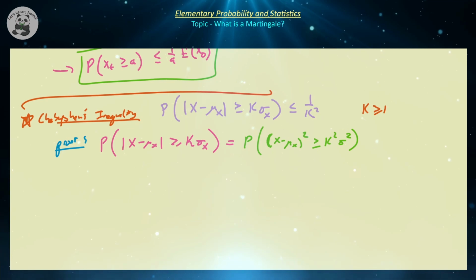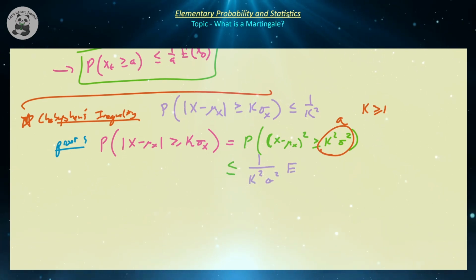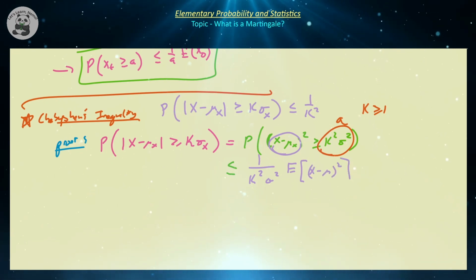Right? So we already know by Markov's inequality that's going to be less than or equal to 1 over that number, because this is pretty much like the a in the Markov inequality. That's going to be less than or equal to 1 over k squared sigma squared times the expected value of the random variable that we're squaring, (x - mu) squared.